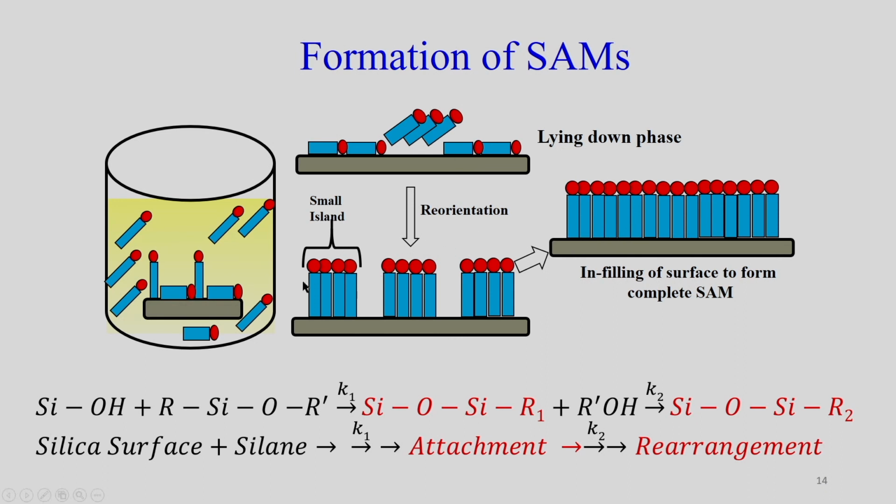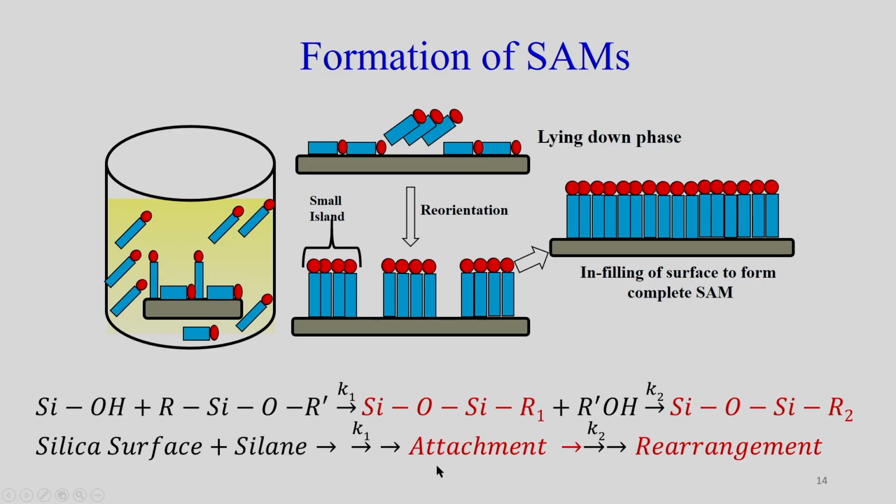Now during this infilling there may also be rearrangement of the pre-adsorbed surface modifying agents. So, we are assuming two steps here for a silica surface silane: the first step is its attachment and the second step we are considering as a rearrangement. The rate constant is K1 for the first step and K2 for the second step.